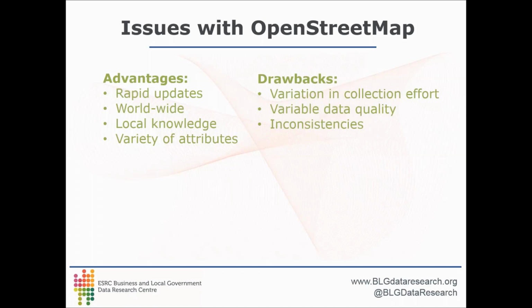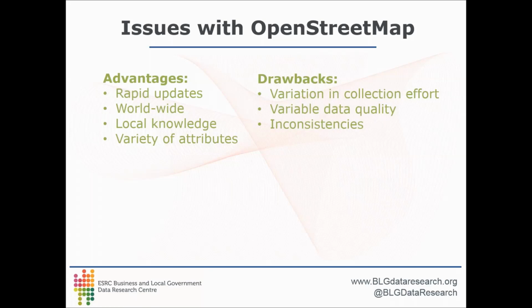You may have individuals and communities who are interested in mapping their town or a particular neighborhood in a great deal of detail, but that doesn't mean that the same thing has happened in the neighboring town or another part of the city. And I'll show you some examples in a minute with data for London where you can really see that there are differences in the amount of detail in the data.